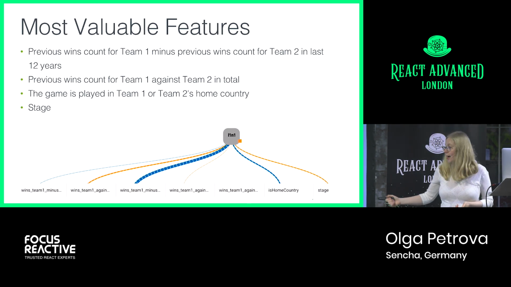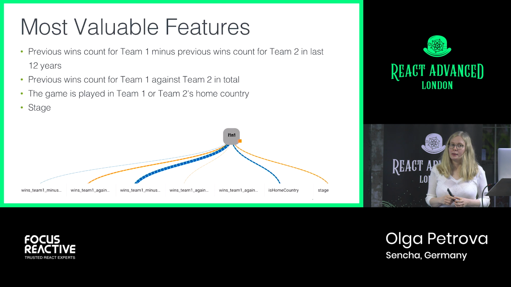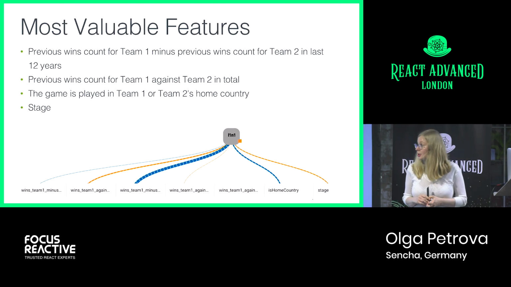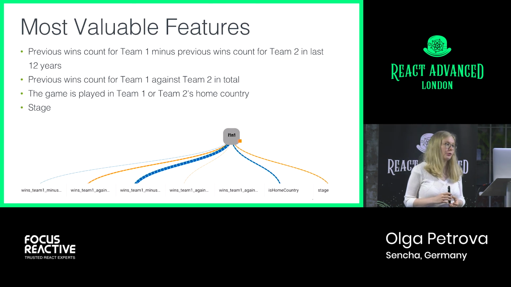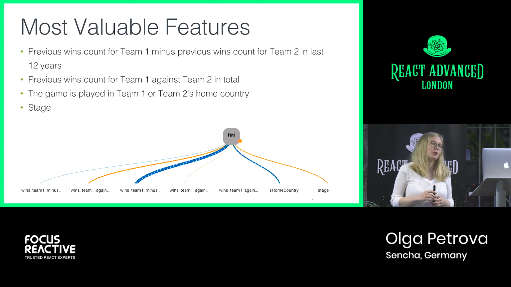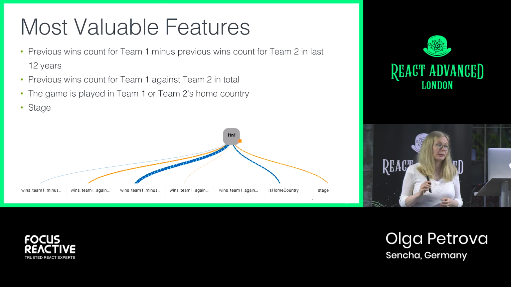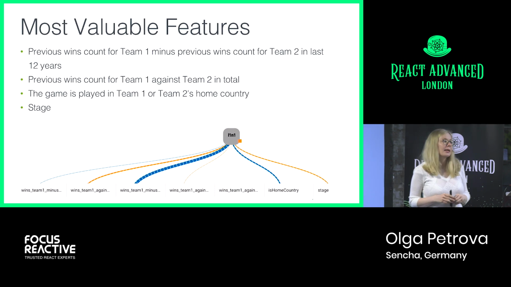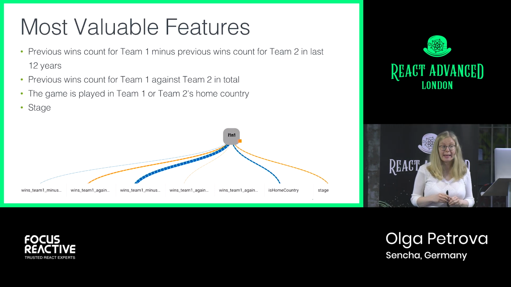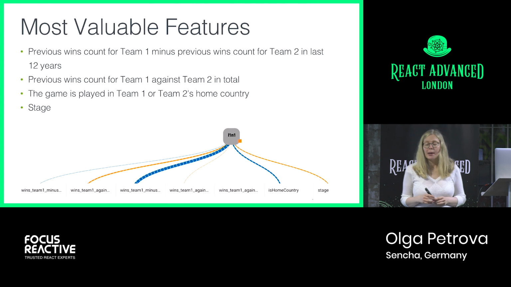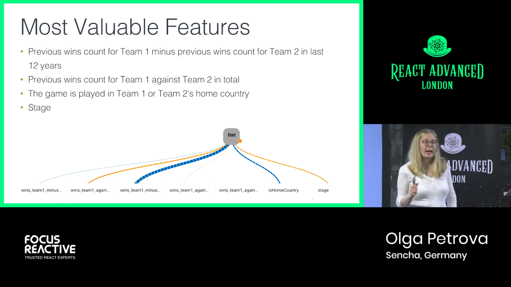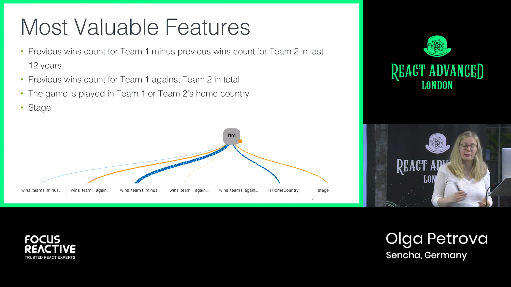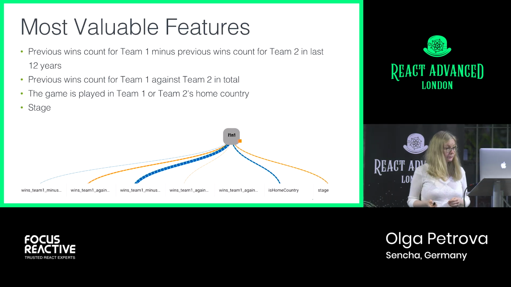A thick line means higher influence on the result. So the most valuable features are previous wins count for team 1 minus previous wins count for team 2 in the last 12 years, like the last 3 World Cups. Then previous wins count for team 1 against team 2 in total. I believe it's because teams don't play against each other so often. And then home country and stage.